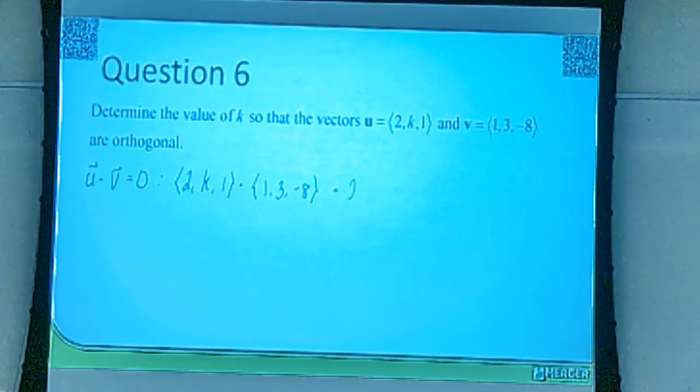Dot product is what? 2 plus 3k minus 8. 3k minus 6 has to be 0. This shouldn't require any work. What's k? k has to be 2.